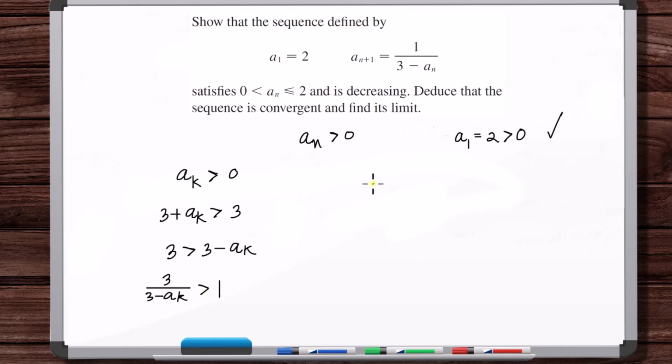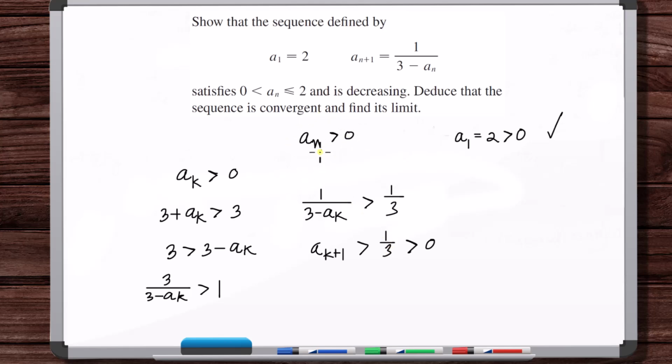Now let's divide both sides by 3. And now 1 over 3 minus a sub k is a sub k plus 1. So for all k, this is greater than 1/3, which is greater than 0. So there we go. We've proven a sub n is greater than 0.